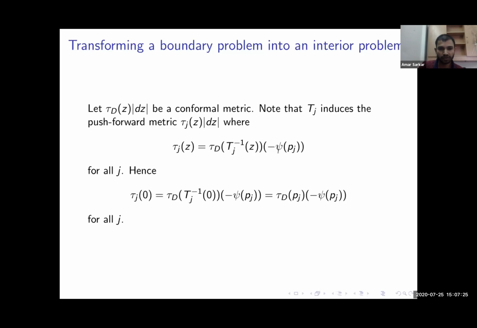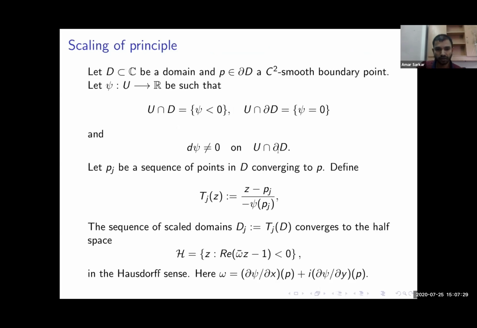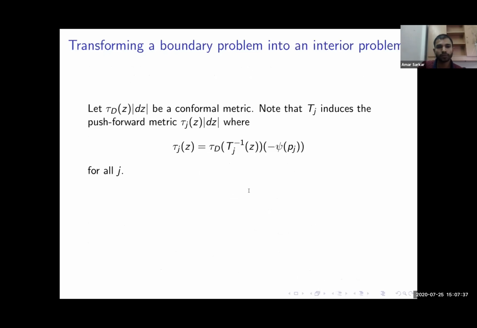When you substitute z equal to 0, we notice that these scale domains will always contain the point 0, because at the point pj it is 0. So when you substitute 0 here, in these metrics on the scale domains, on the right hand side we get tau d of pj into minus of psi of pj.